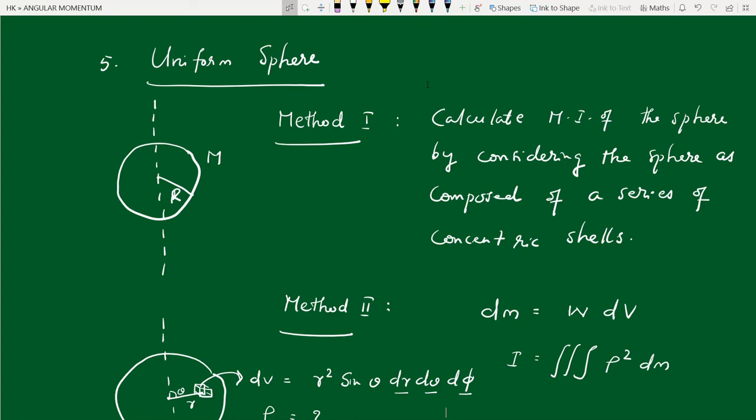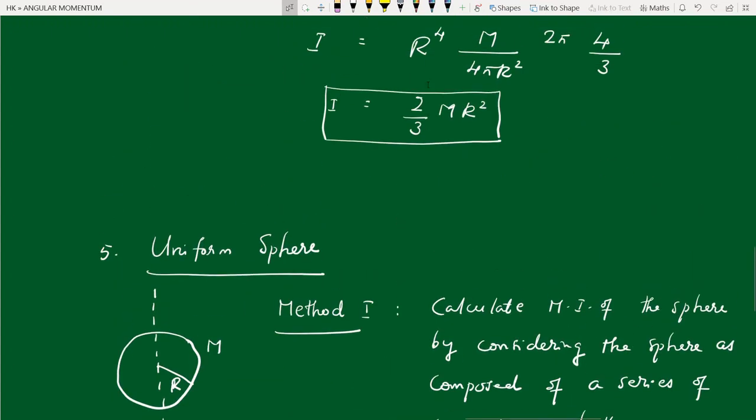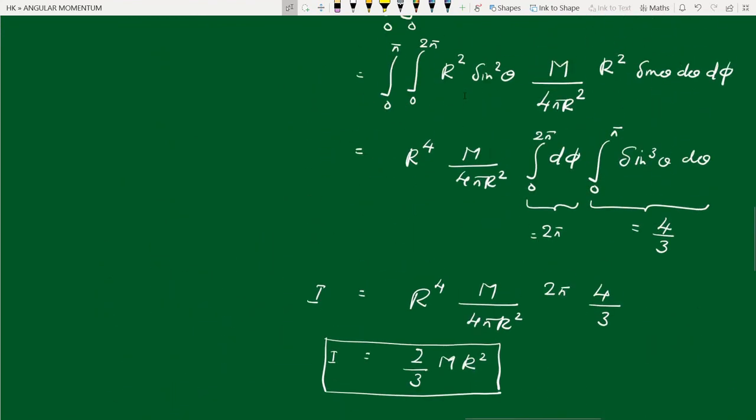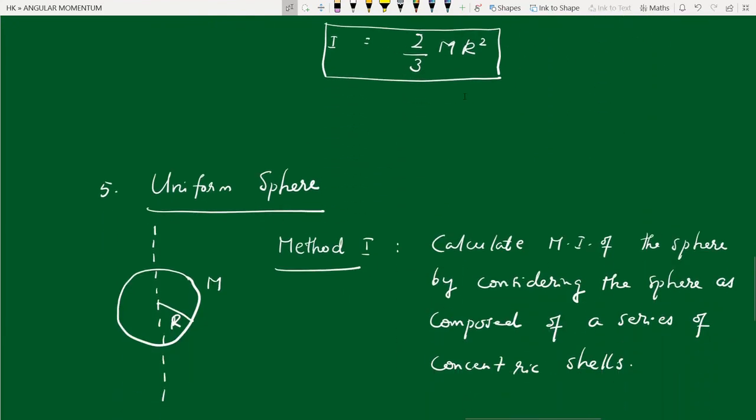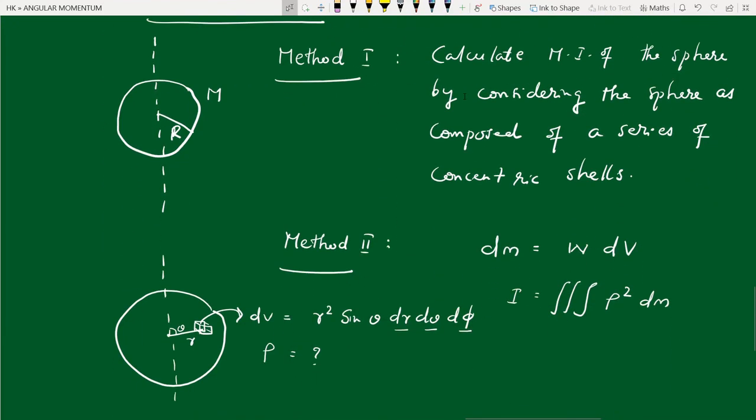Then moment of inertia of a rod: if it is a perpendicular axis through its center, 1 by 12 ml square; if it is a perpendicular axis at one end, 1 by 3 ml square. Then moment of inertia of a spherical shell, which is 2 by 3 mr square, about an axis passing through its center. And finally the fifth object is a uniform sphere. This value you have to evaluate. Okay, let's stop there.